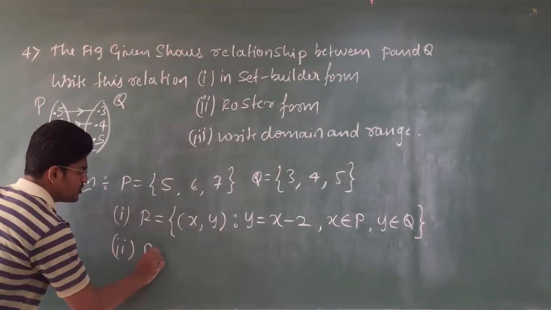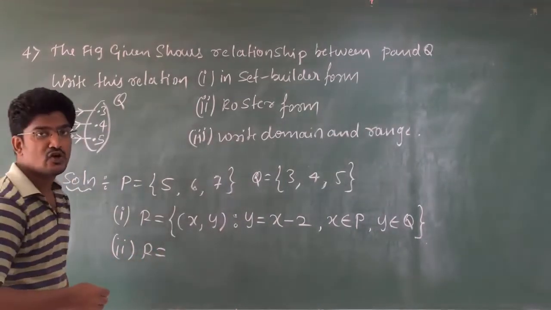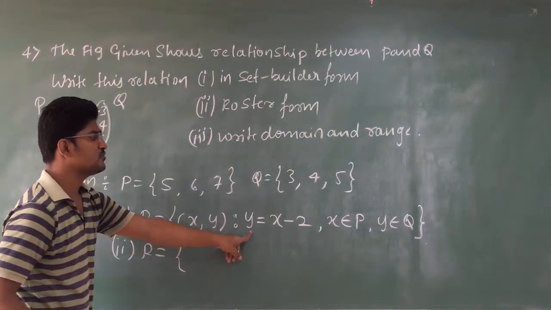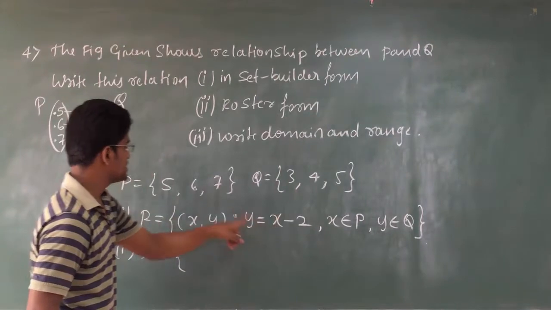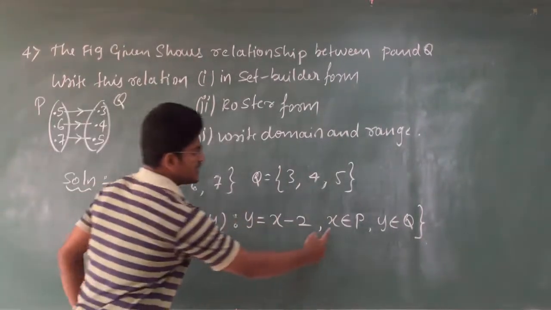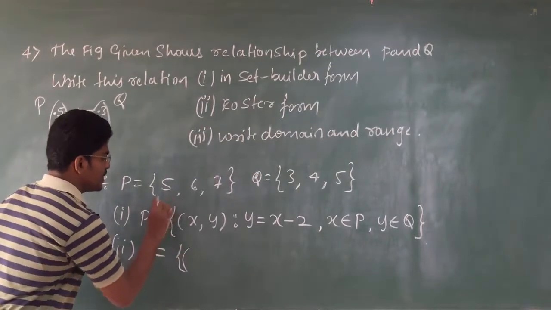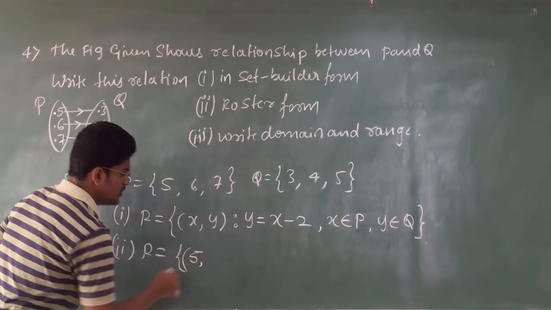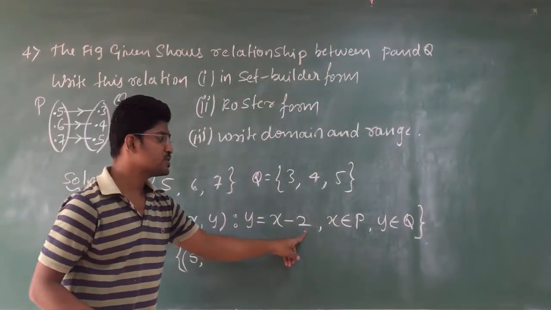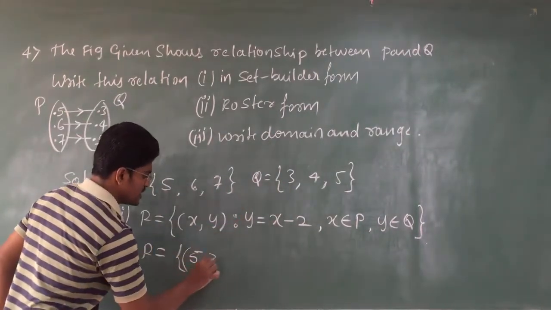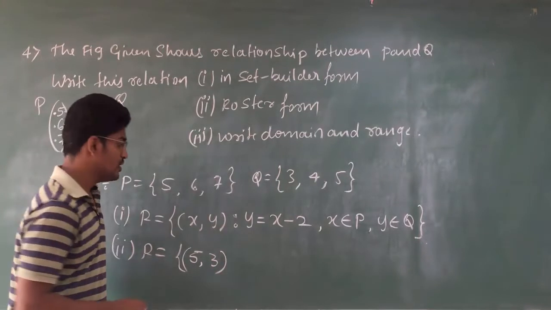In roster form if you get the correct answer, then there is no question of getting confused. So y is from Q, x is from P. See here, x belongs to P, y belongs to Q, no problem. So I will write 5 here. 5 minus 2 is how much? 3. So y is from Q, so that is 3, no problem.